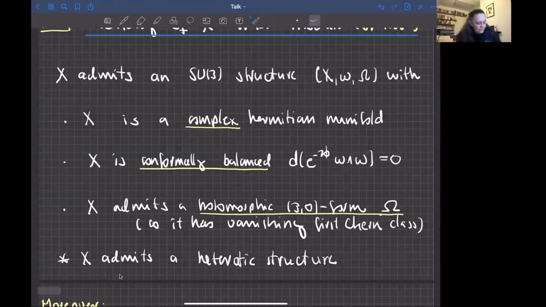Moreover, X admits a 3-0 form with respect to the complex structure, capital omega, that is holomorphic. That's another way of saying that this manifold needs to have a vanishing first Chern class. So this is a mouthful. So I'm going to say that X admits a heterotic structure, meaning all this, right?